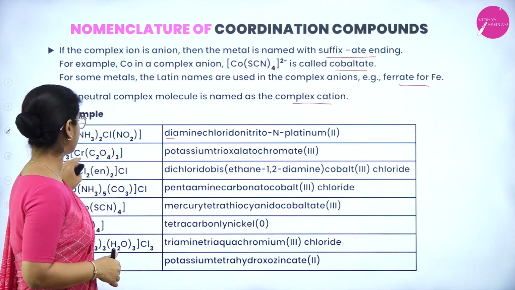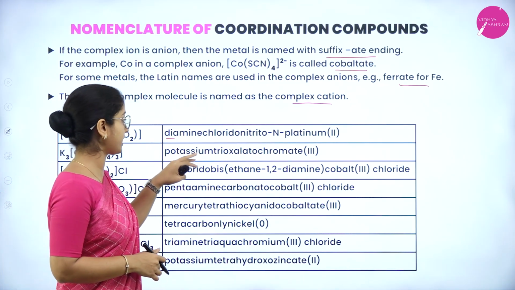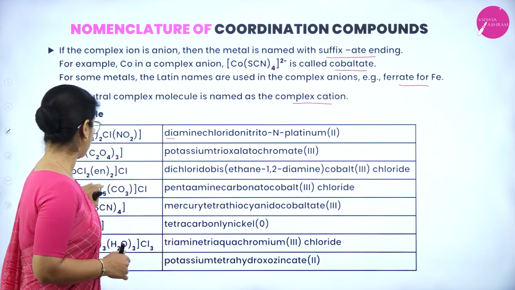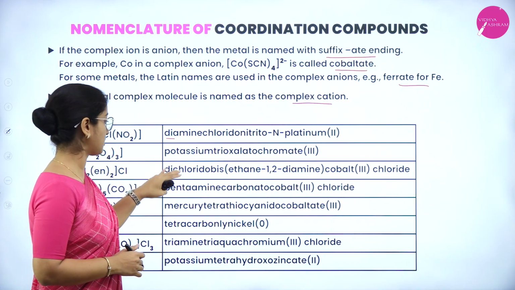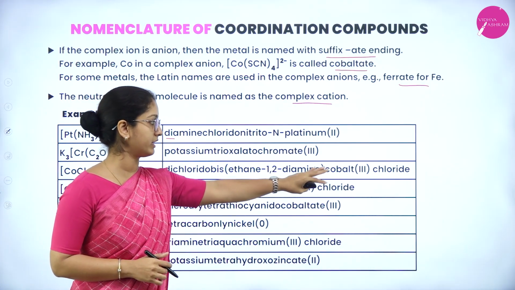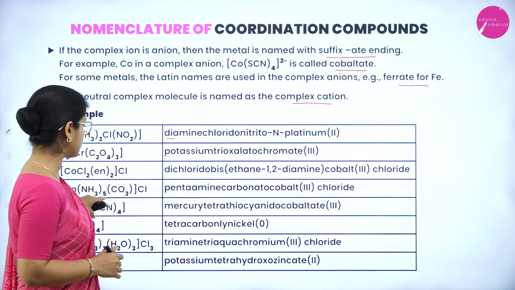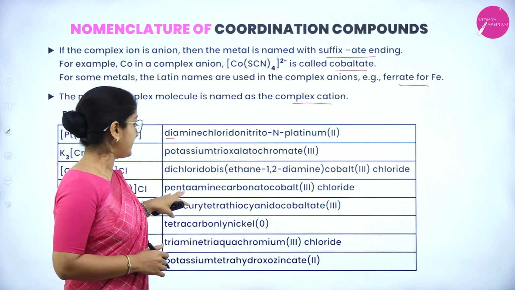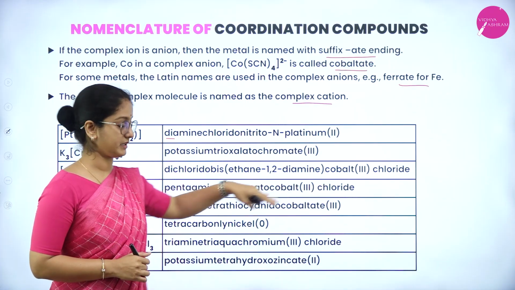K3[Cr(C2O4)3]: the name is potassium trioxalatochromate(III). Next [CoCl2(en)2]Cl is called dichloridobis(ethane-1,2-diamine)cobalt(III) chloride. Next [Co(NH3)5(CO3)]Cl is pentaamminecarbonatocobalt(III) chloride.